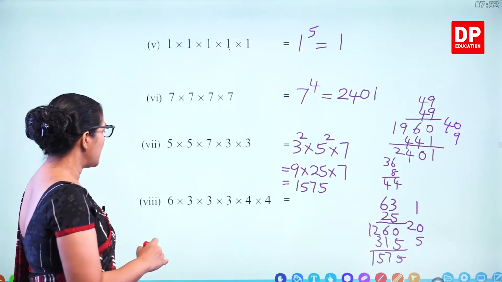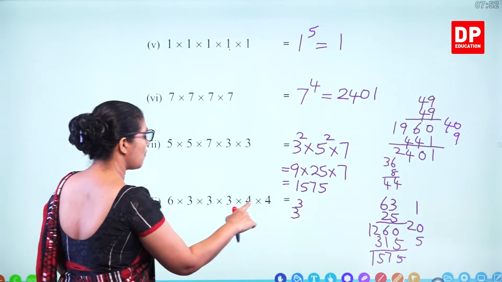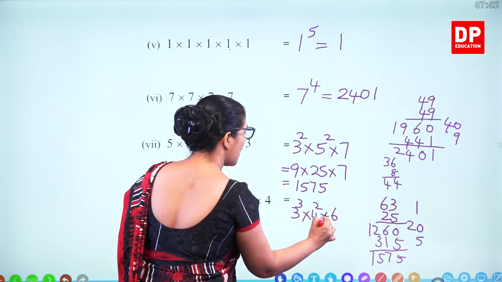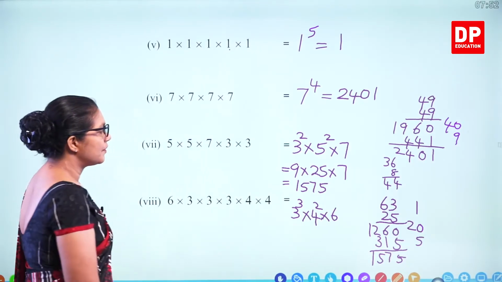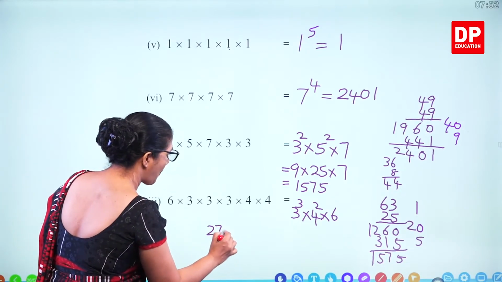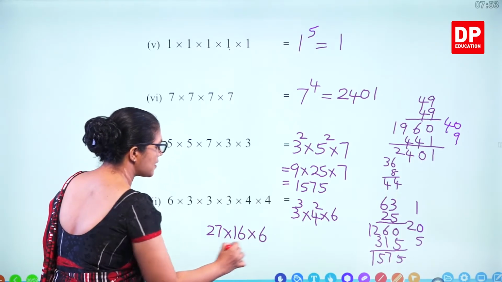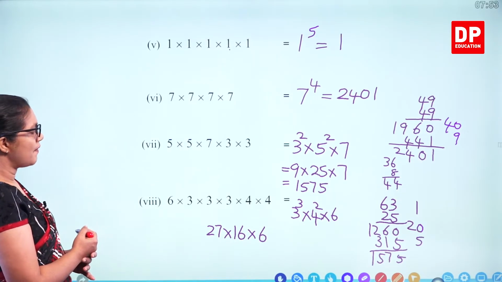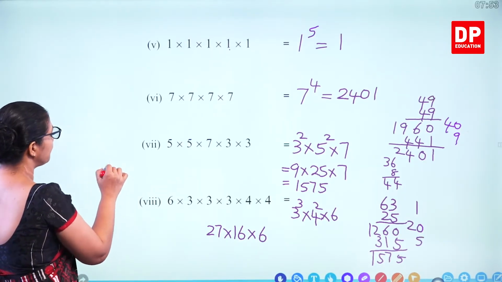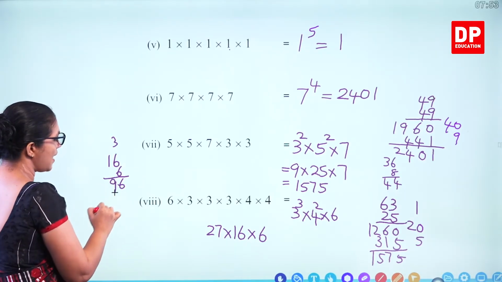This one you get 3 cubed and 4 squared and 6. What's the value there? 3 to the power 3 is 3 times 3 times 3, 27. 4 squared, that's 4 times 4, 16 times 6. So first we can find out 16 times 6. That's 96.